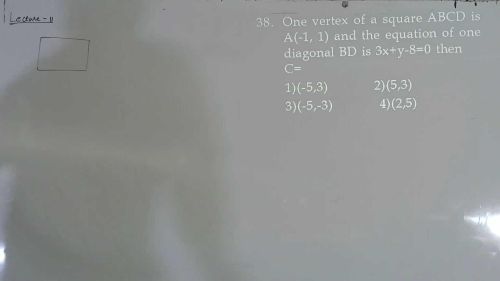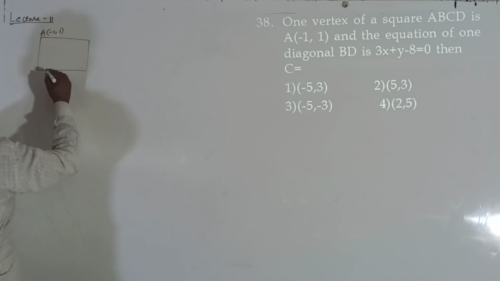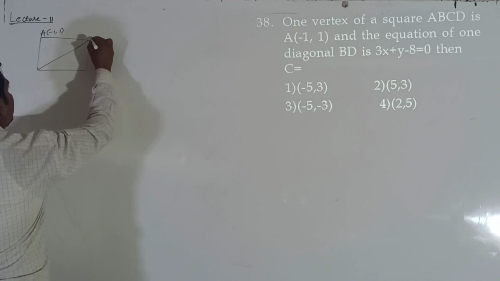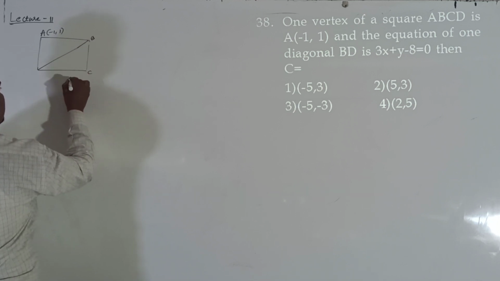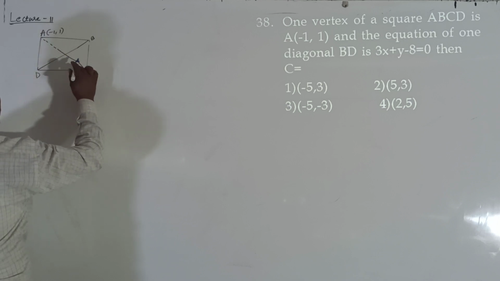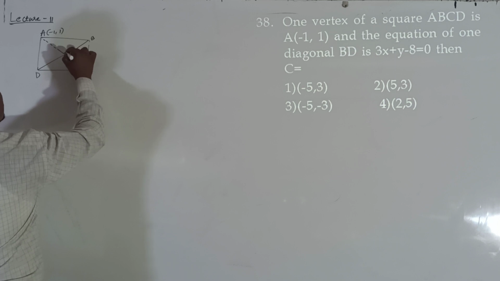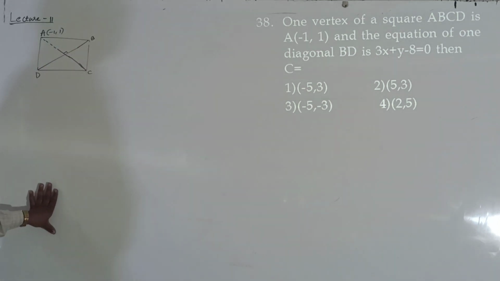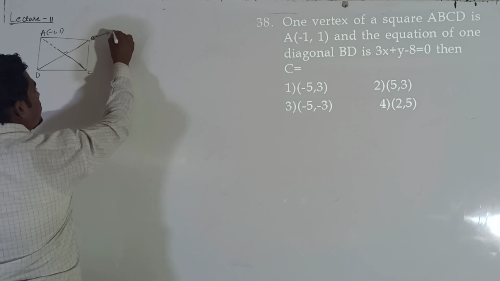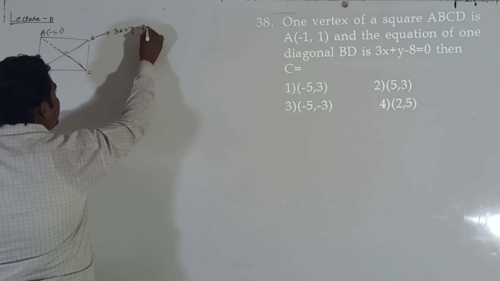A square whose one of the vertices A is minus 1 comma 1 and other diagonal BD. B, C and D, other diagonal. Clearly in a square diagonals are perpendicular to each other and the equation of BD they have given, that is 3x plus y minus 8 equal to 0.